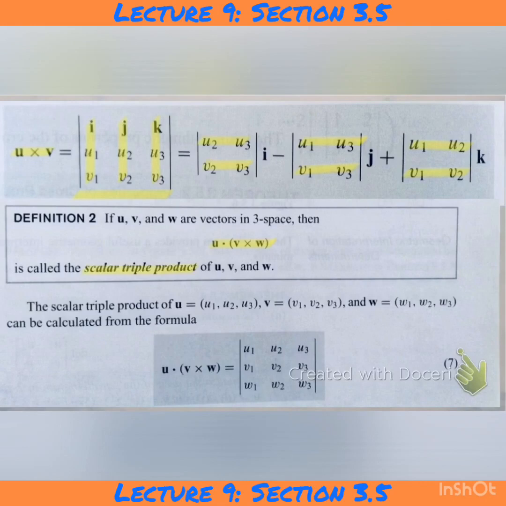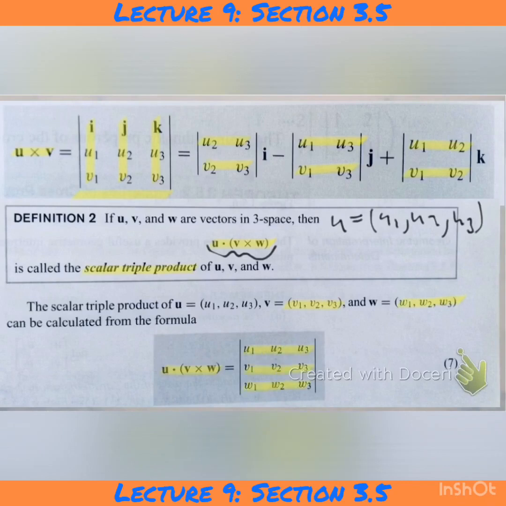Now, you can go and verify that if you write all of that out by taking a vector U as U1, U2, U3, the vector V as V1, V2, V3, and W as W1, W2, W3, then in fact the scalar triple product is this nice little determinant of a matrix.